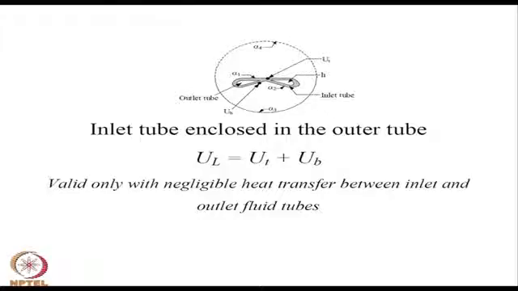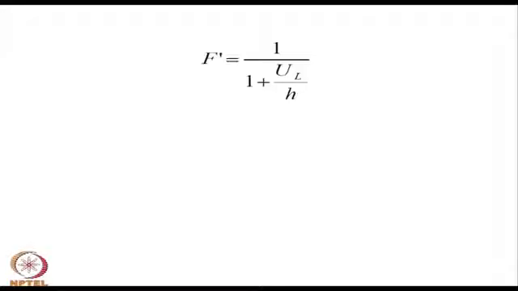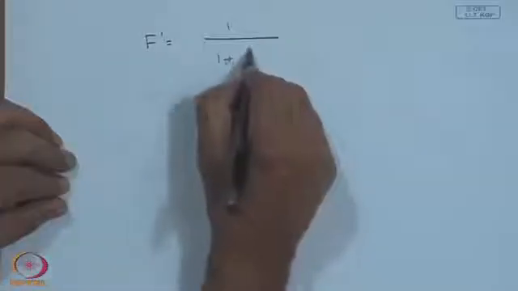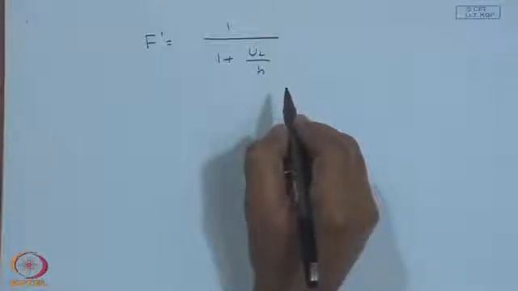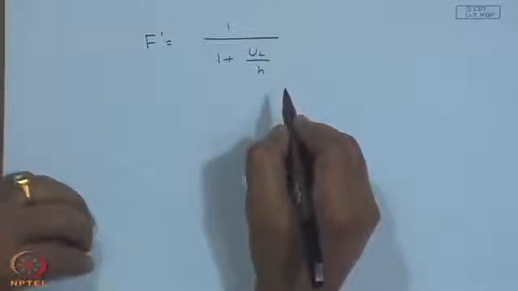Now, the inlet tube is enclosed in the outer tube, you can see from the diagram. So, this is valid only with negligible heat transfer between inlet and outlet fluid tubes, and again U L is U t plus U b, and the collector f dashed is 1 upon 1 plus U L by H. Let me show this picture for a while, so that you will see the particular slide.